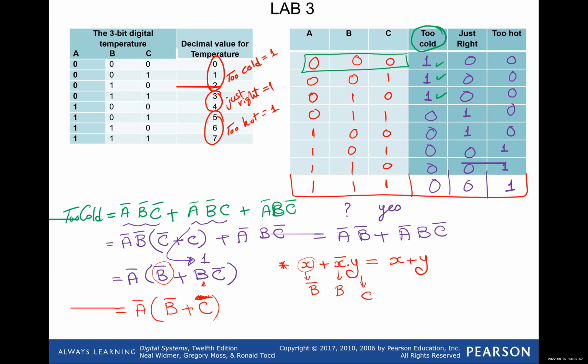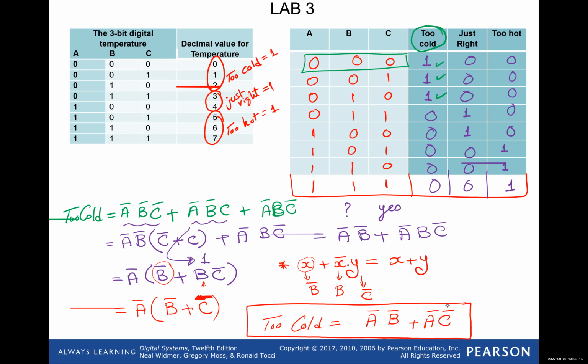Oh yeah, that's C complement. So here, too cold at the end is equal to A complement, B complement, or A complement, C complement. Okay, and that is the final expression for the too cold.